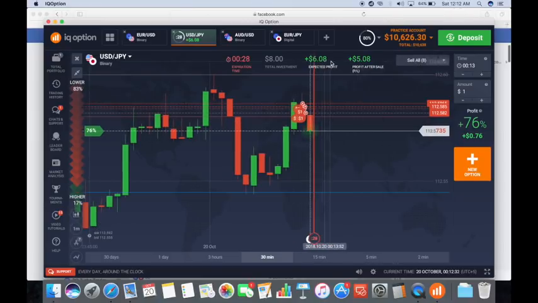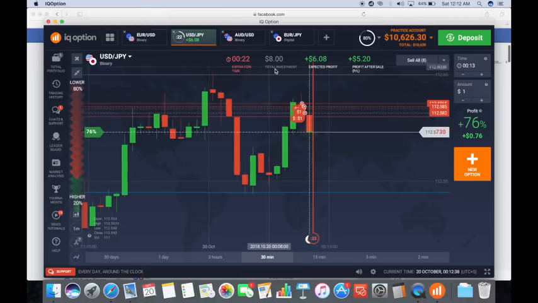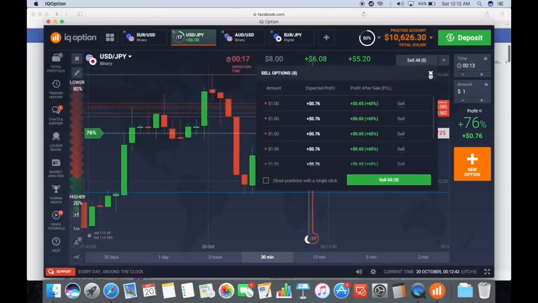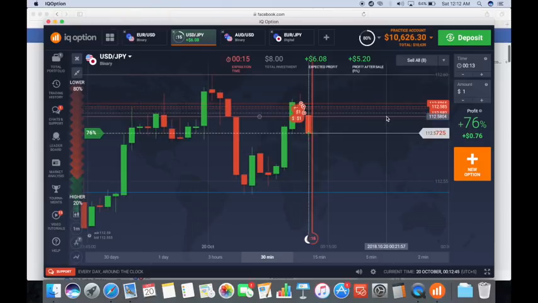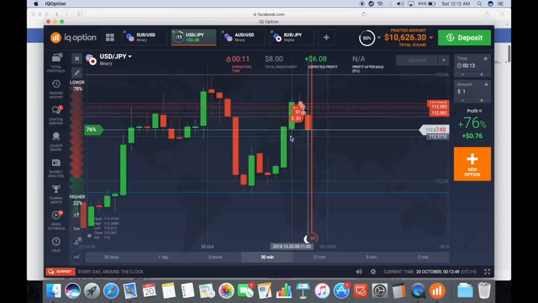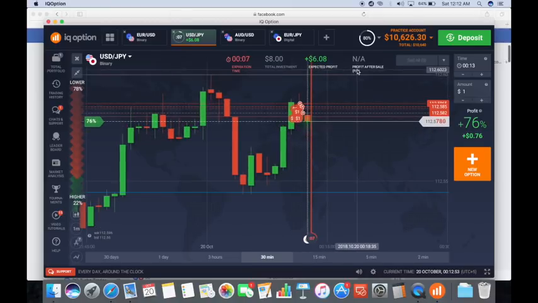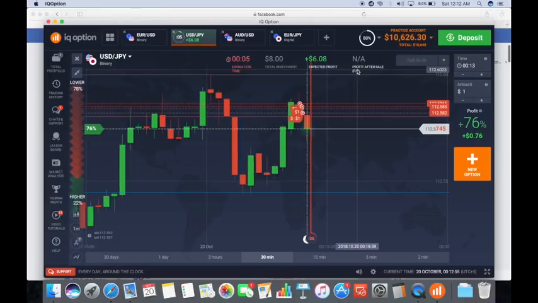The percentage wise, this is quite much, and you will get expected profit after this expiration time. You can also close manually, right? But I'm damn sure that this trade is a winner. But sometimes shit happens in IQ Option.